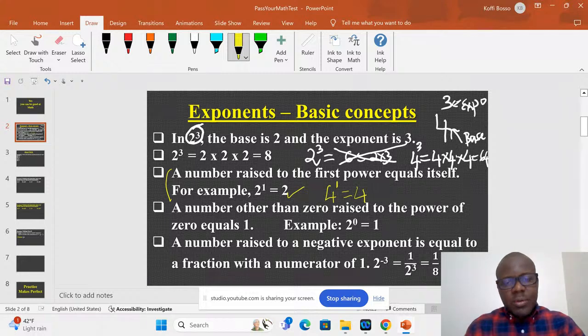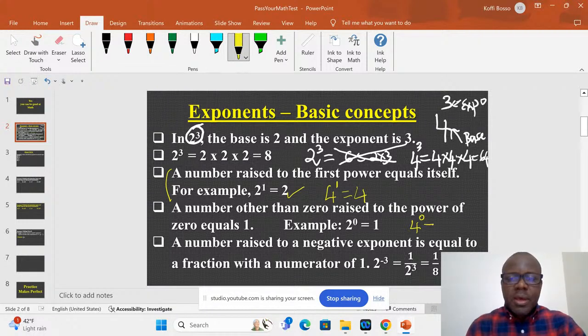We continue. A number other than 0 raised to the power of 0 equals 1. So a number other than 0, that means we choose any number, but we do not choose 0 as the base, right? But the exponent could be 0. That's what they're saying here. So I can choose 4, which is not 0, but the exponent could be 0.